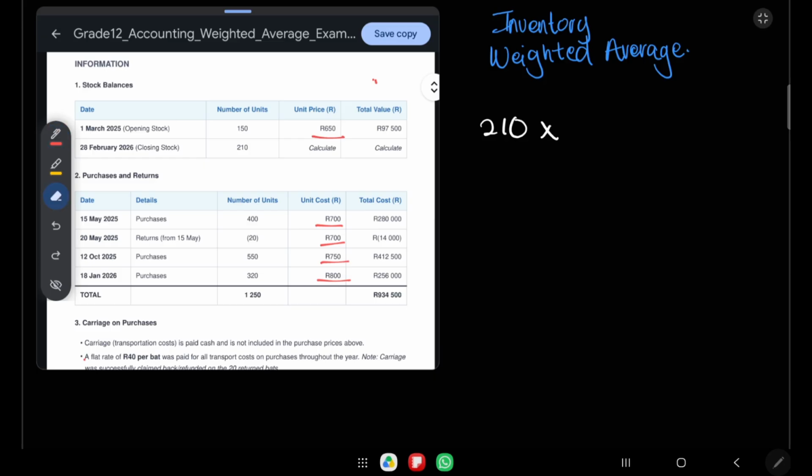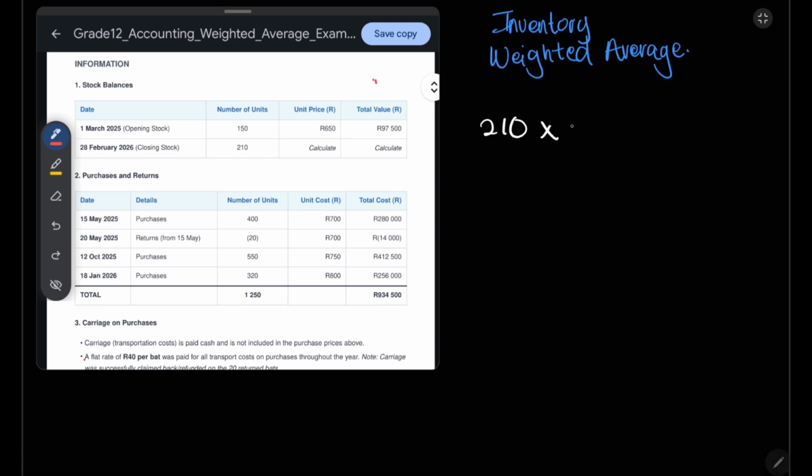Because you just calculated your weighted average cost per cricket bat, that is the information that you should use from now on. So you have to say the 210 times, in the previous example we got 772.86 as our weighted average. Okay, from now on we work with this weighted average. So it's very important to make sure that you get the right figure, otherwise all your calculations will be wrong.